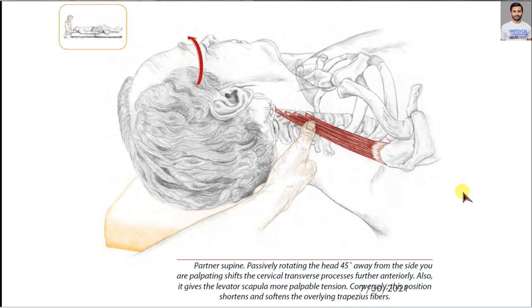You need to rotate the head about 45 degrees towards the opposite side, and then you can palpate for the horizontal fibers that come very superficial. They are cord-like fibers, and you can palpate the levator scapulae.